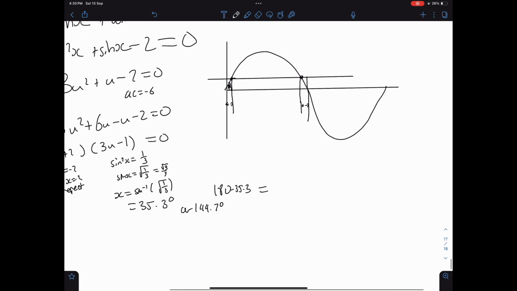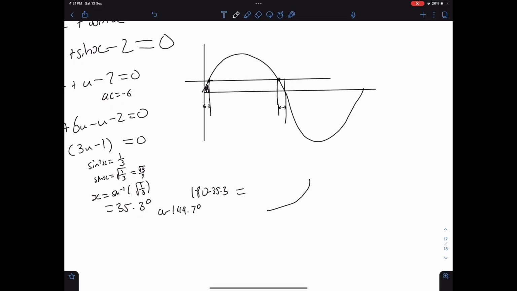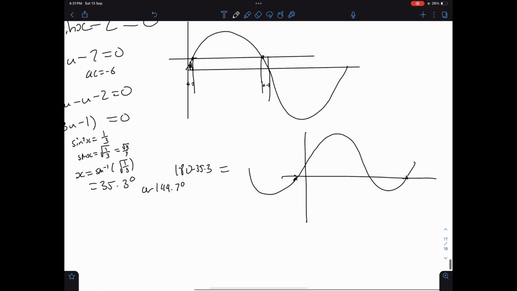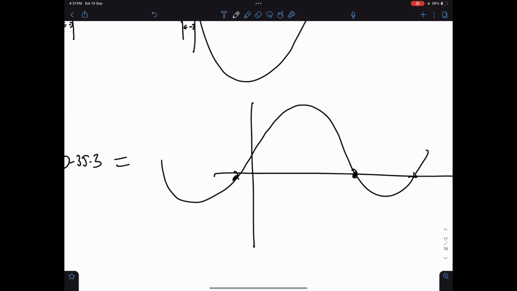And I should also note that if you were given a negative value and you still needed the domain 0 to 360, the two solutions will be up here, because this is your x-axis. This distance between 0 and the solution, and the distance to 180, is still the same.